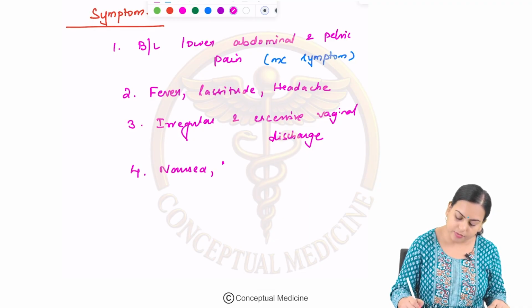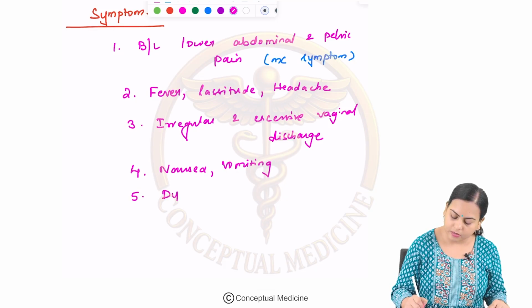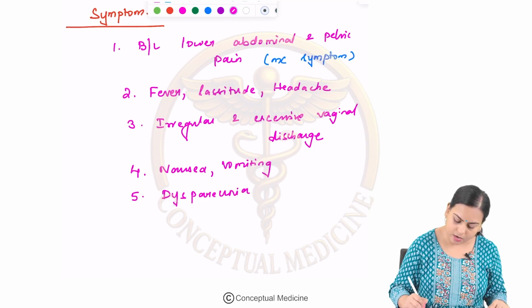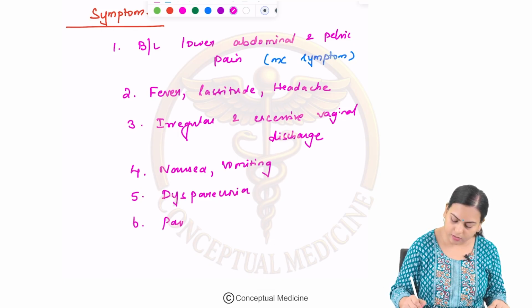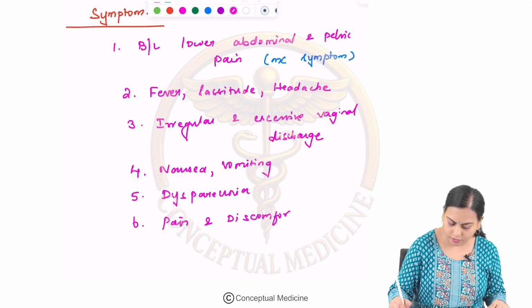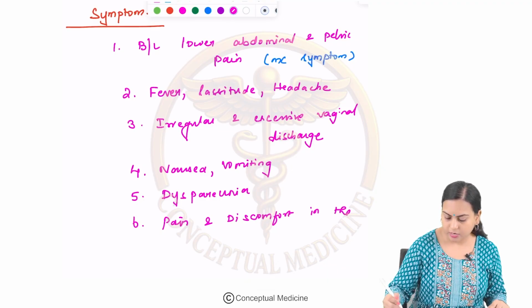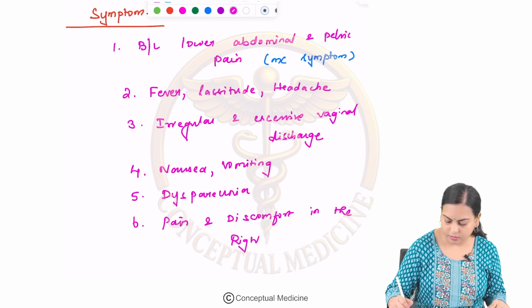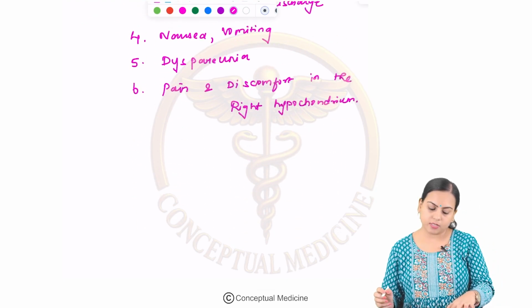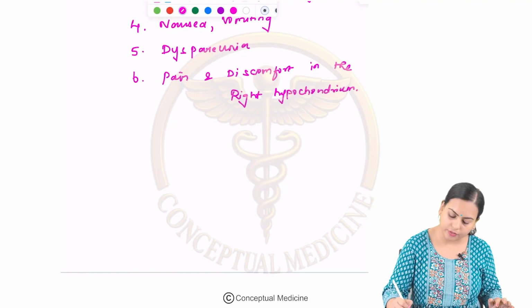Even sometimes the women may present with nausea, vomiting, dyspareunia, pain and discomfort in the right hypochondrium. Okay, now this is seen in 10% of the women.